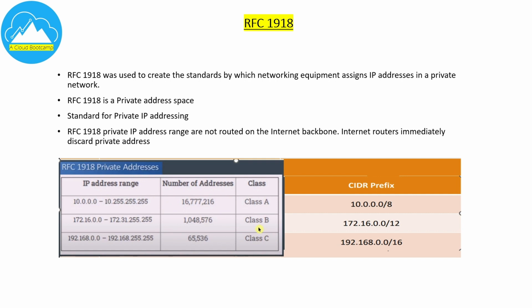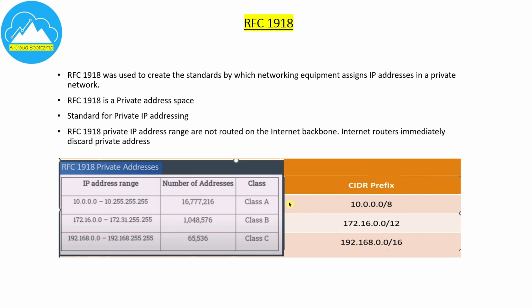Similarly, for class B, the IP address range starts from 172.16.0.0 to 172.31.255.255. And these many IP addresses are there in class B. And similarly for class C, this is the range, and these are the CIDR prefixes. I'll come to the CIDR notation and then you can get more idea.